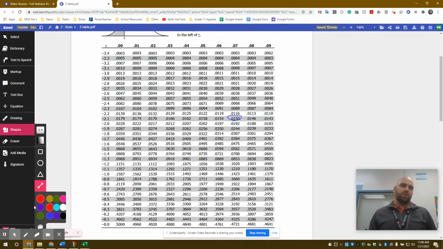Now that 150 mark is based on this row right here, as well as this column right here. That's where our 1.5% mark is. So we're going to use the Z-score related to this row and this column, which is negative 2.17.